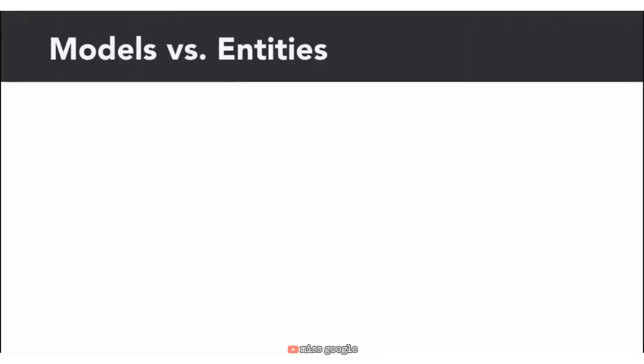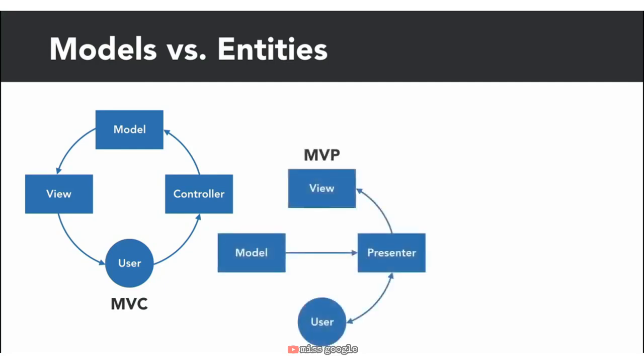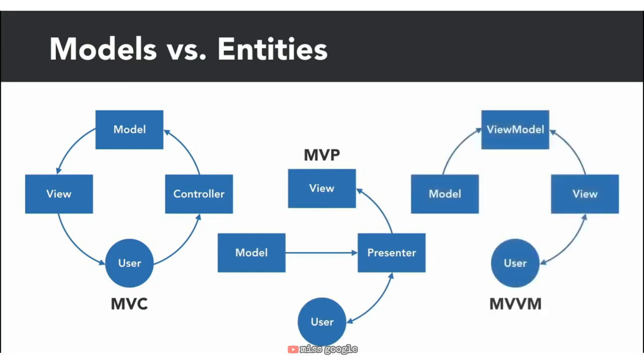As we discussed earlier in this course, ASP.NET MVC 5 was designed to follow the MVC, or Model View Controller pattern. But the MVC pattern is just one of a family of related patterns which includes, among others, MVC, MVP, which stands for Model View Presenter, and MVVM, which stands for Model View View Model. Of course, each of these different patterns has its own advantages and disadvantages.